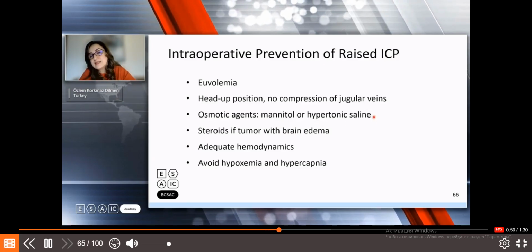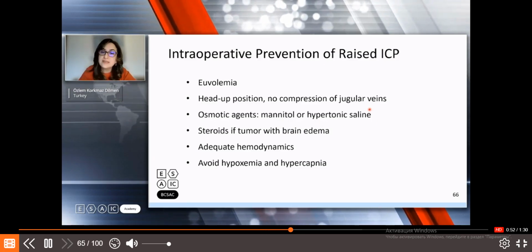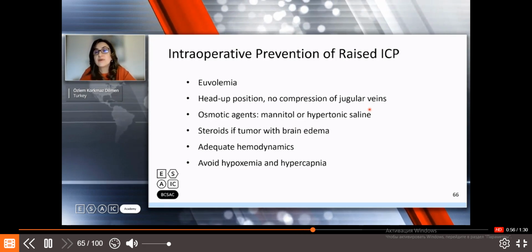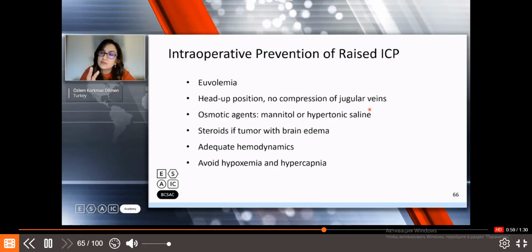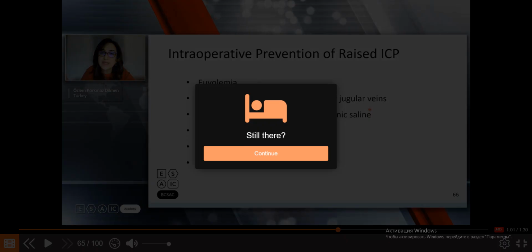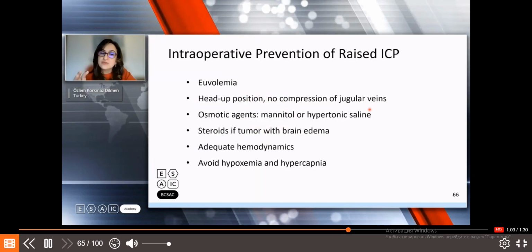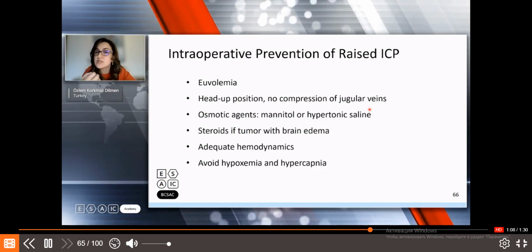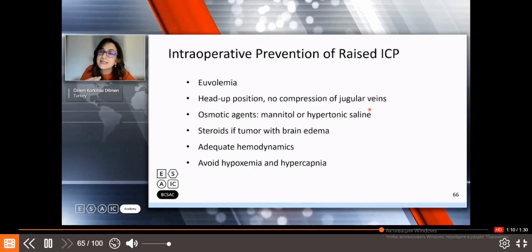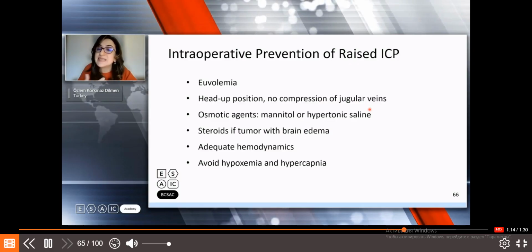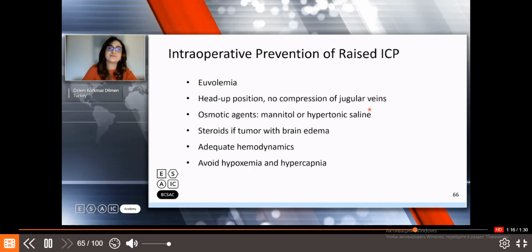Regarding hypertonic saline administration, we generally prefer 20 to 30 milliliter per hour infusions during the 2 or 3 day perioperative period. We do not prefer bolus hypertonic saline administration because bolus administrations can easily cause hyperchloremia and it may lead to acute kidney injury.